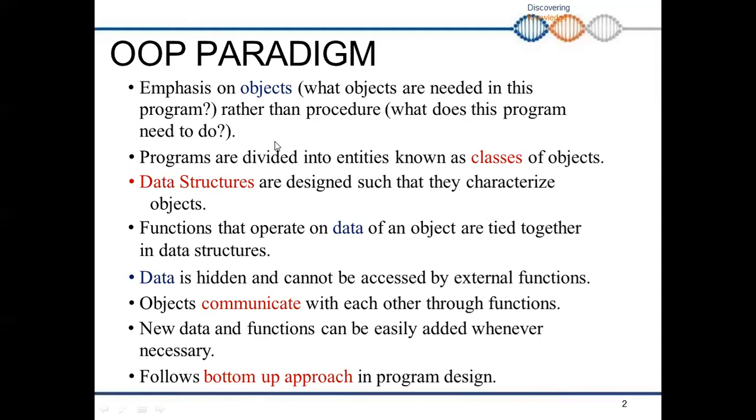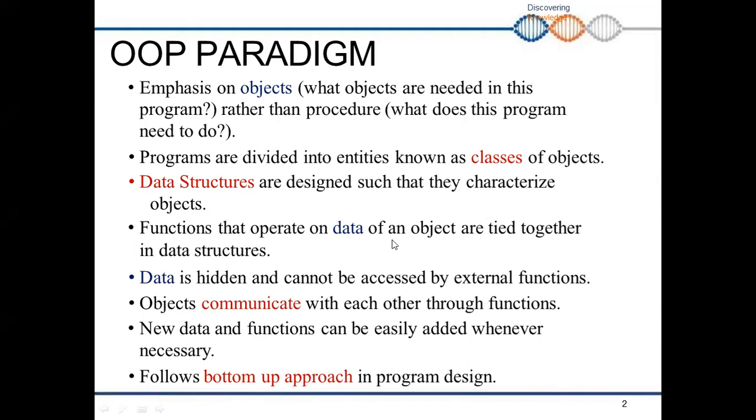Data structure means how to store data in physical memory, meaning in secondary storage, how to store classes and objects in memory. So the data structure must be as per the requirement of the objects and classes.